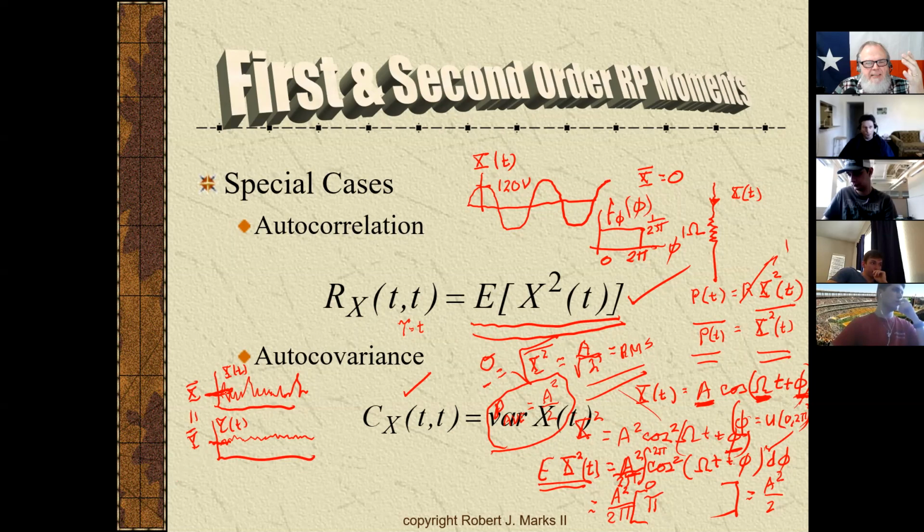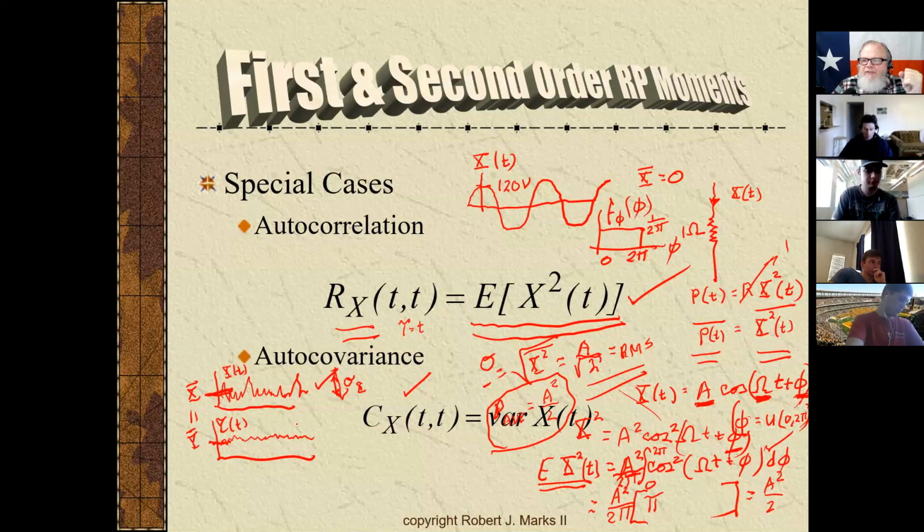Now, this stochastic process here moves up and down a lot more than this stochastic process. The manner that it moves up and down is going to be, let's call it the sigma. That's going to be related to the square root of the autocorrelation. So this is the sigma of x, and the sigma of x is broad because we know that this random variable, as it goes up and down, goes over a lot of values.